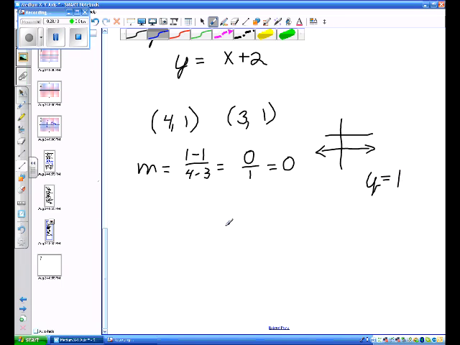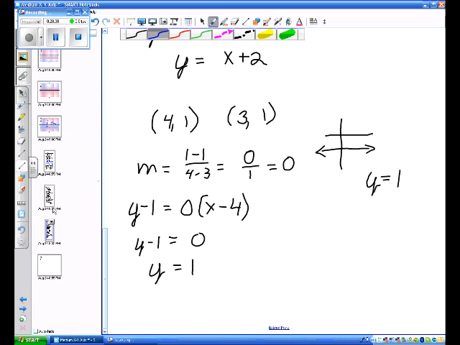Now, if you forget that, we had a slope, so we can go back. Y minus the given y equals the slope times x minus the given x. So we have y minus 1 equals 0, because 0 times anything is 0, and y equals 1. So that would be what would happen when you had a slope of 0.